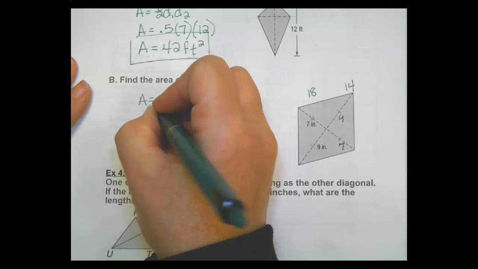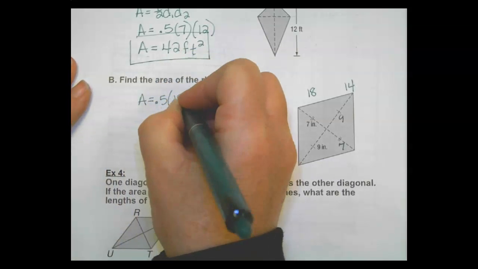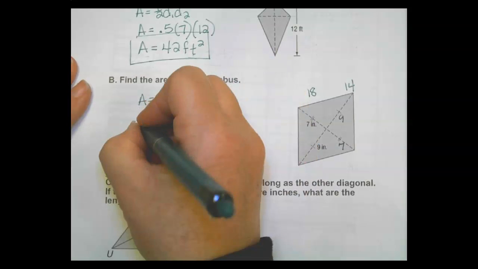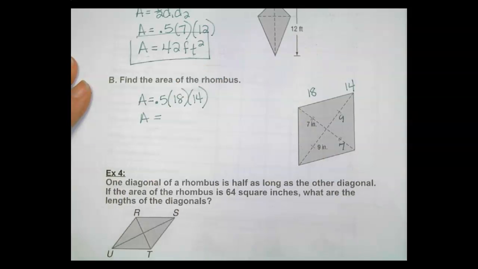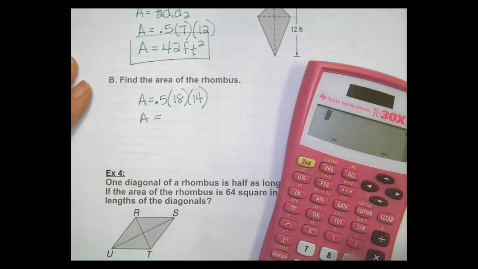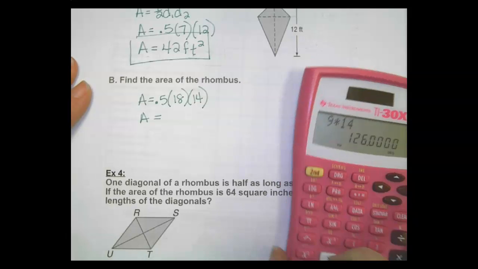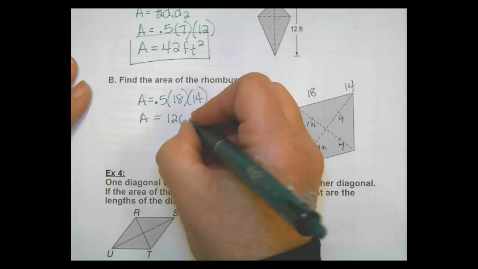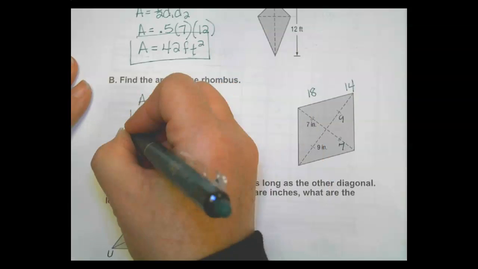A equals 0.5 times 18 times 14. A equals 9 times 14, because half of 18 is 9. 9 times 14 is 126 inches squared.